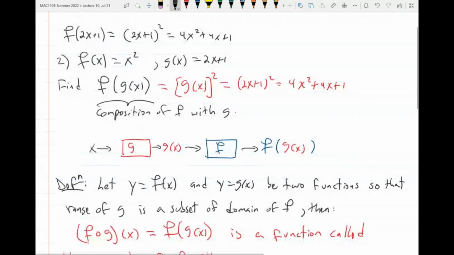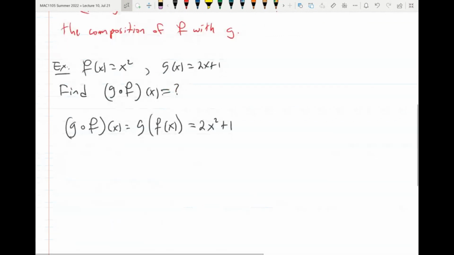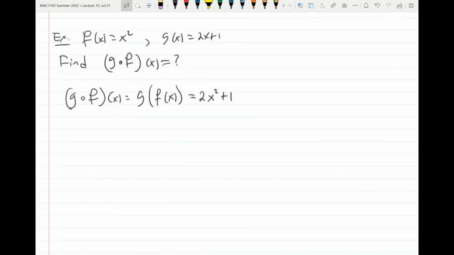Notice that when we did f composed with g in the example above, what function did we get? 4x squared plus 4x plus 1. Now, if you switch them, if you do g composed with f, then we get something completely different, 2x squared plus 1. So in general, the order is very important, so they don't have to be the same.